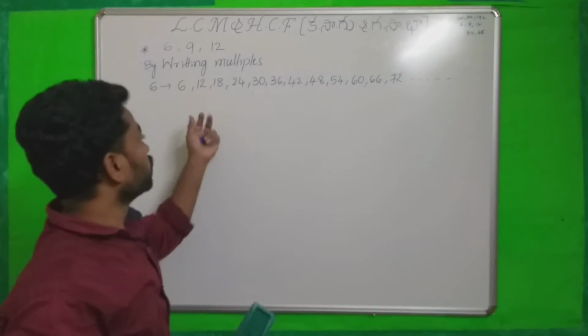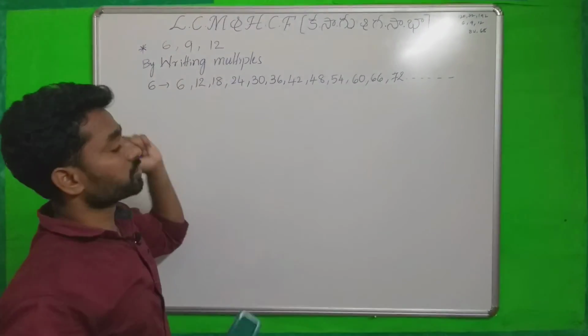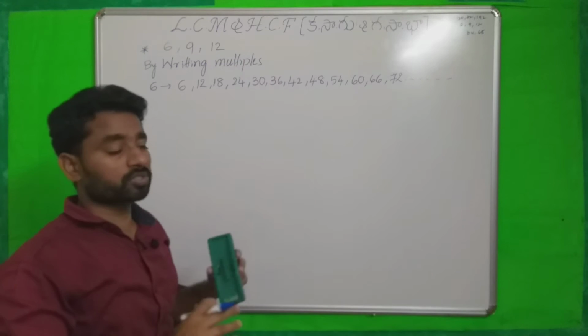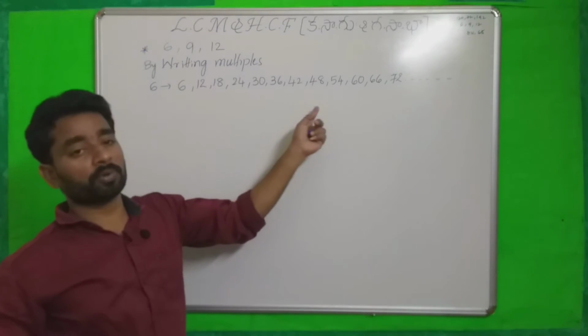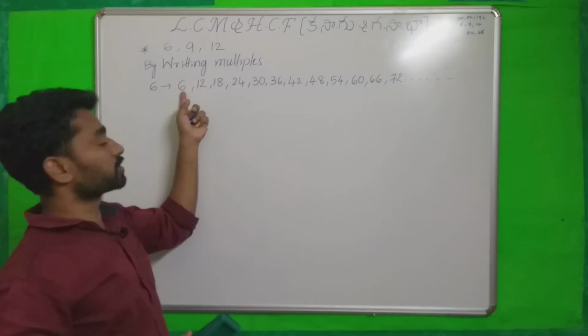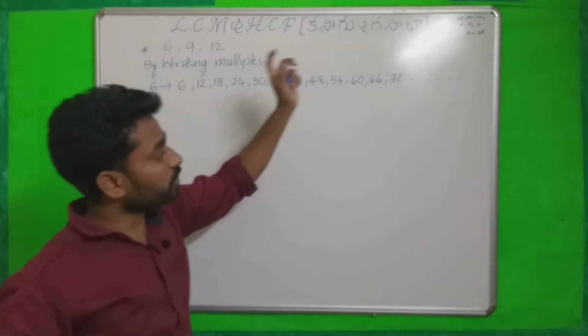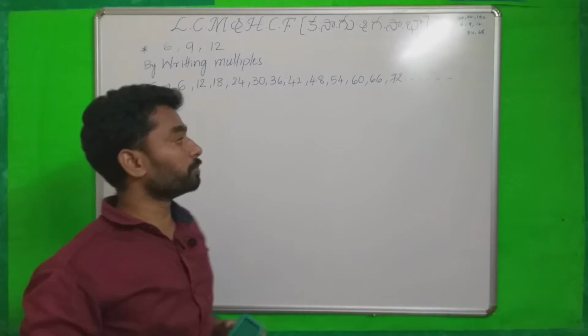These are the multiples of 6. Multiples are infinite. Remember one thing: its smallest multiple is itself, 6. The greatest one cannot be determined.